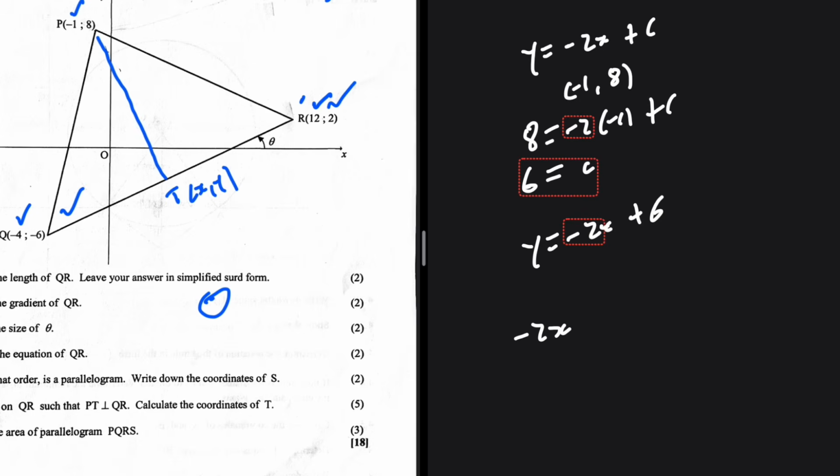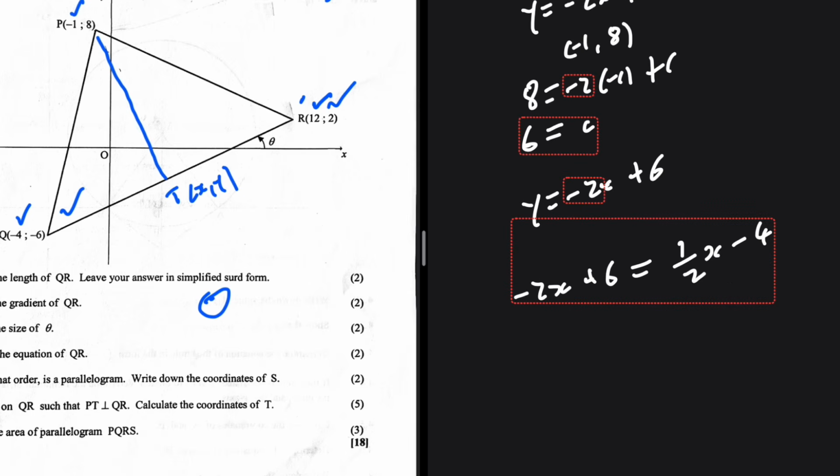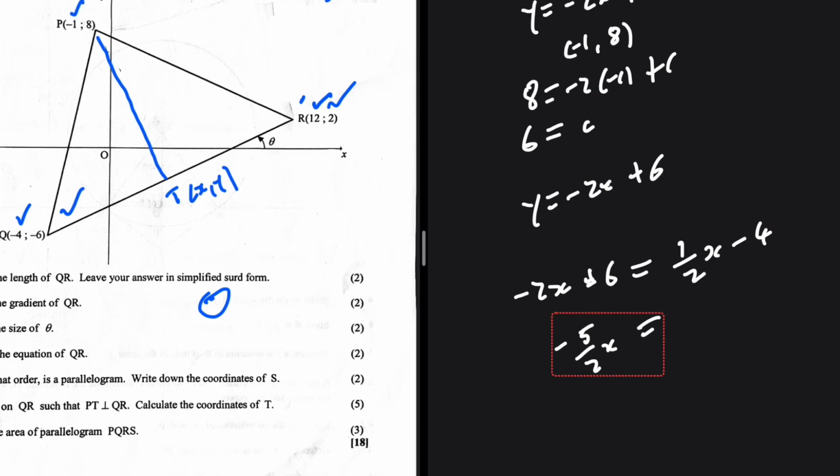But we can say minus 2x plus 6 is equal to 1 over 2x minus 4, the equation of QR, which we have calculated in one of the equations above. So minus 2x minus 1 over 2x would be minus 5 over 2x. And then that is going to be equal to minus 4 minus 6, that is minus 10.